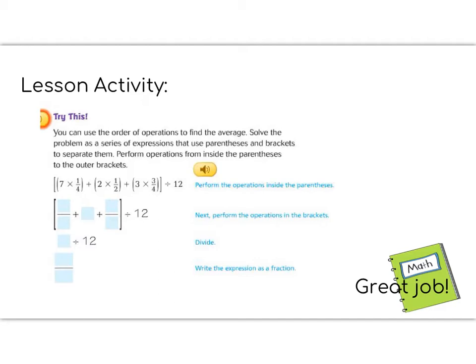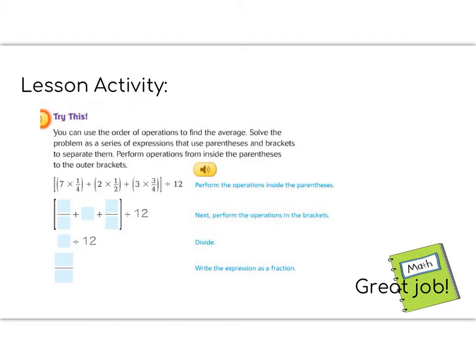So you can see we have this long string of fractions and numbers that we have to deal with. So if we look inside the brackets, I see 7 times 1/4 plus 2 times 1/2 plus 3 times 3/4 divided by 12. So let's start by solving each operation inside the parentheses.